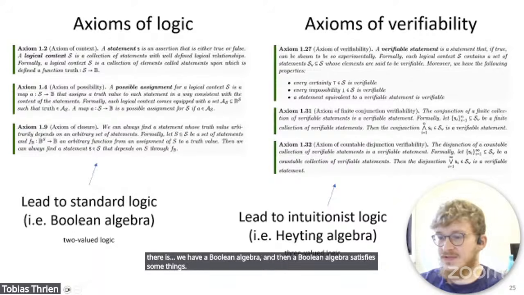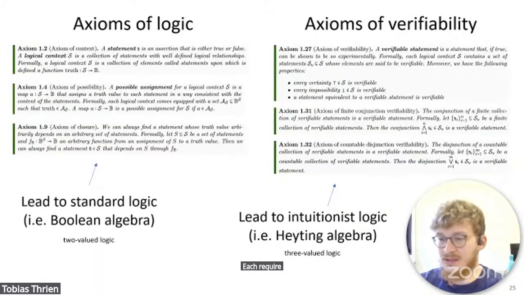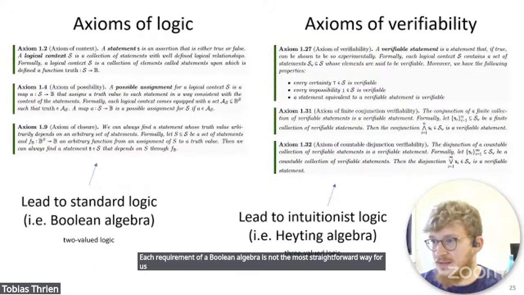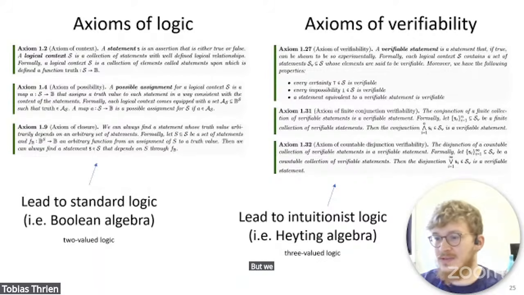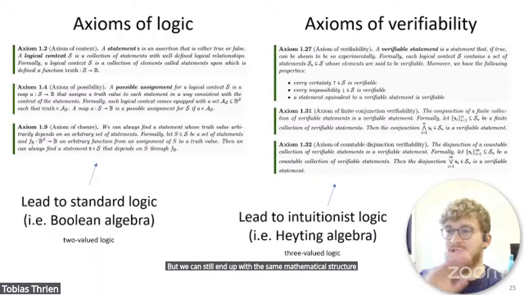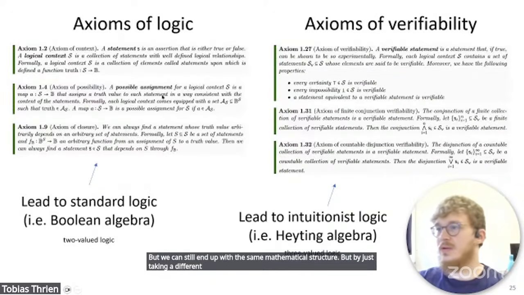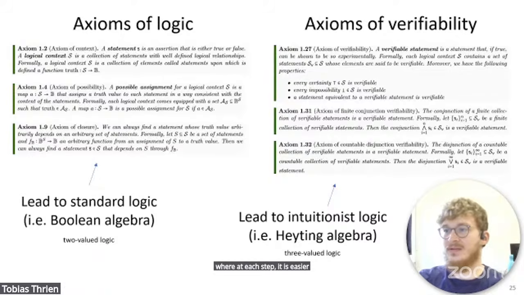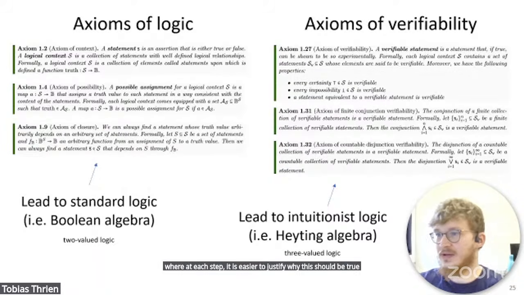It turns out justifying each requirement of a Boolean algebra, as I showed before, is not the most straightforward way for us, but we can still end up with the same mathematical structure by just taking a different route, where at each step it is easier to justify why this should be true in a physical context.